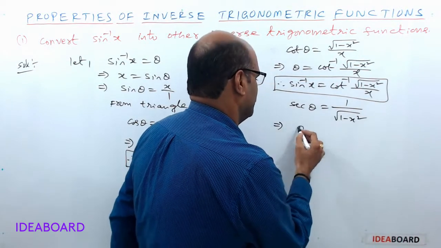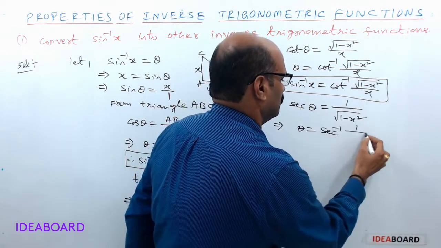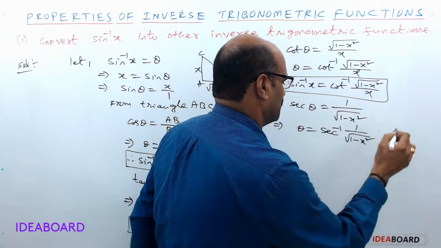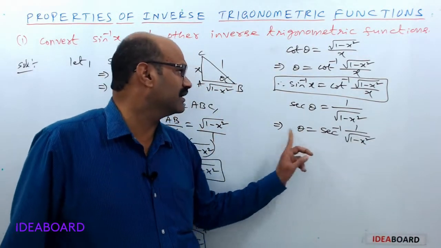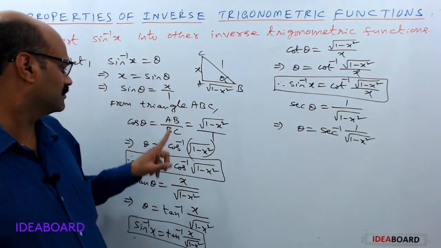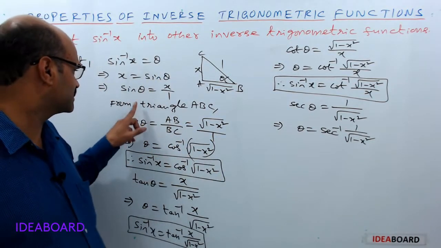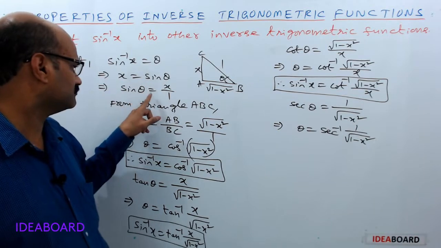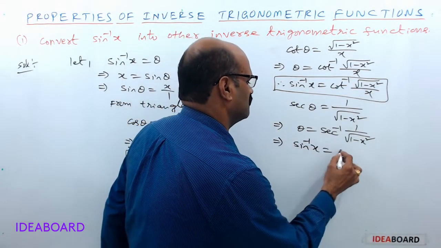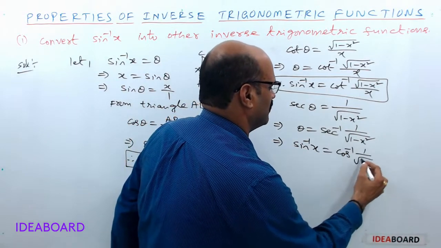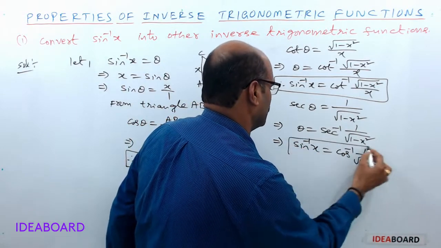It implies theta equal to secant inverse of 1 by square root of 1 minus x square. But here theta equal to sin inverse x. Therefore sin inverse x equal to secant inverse of 1 by square root of 1 minus x square.